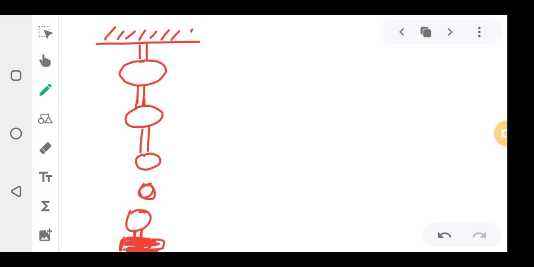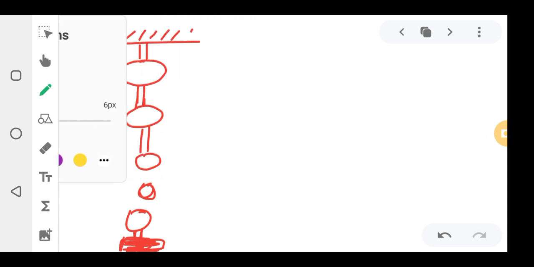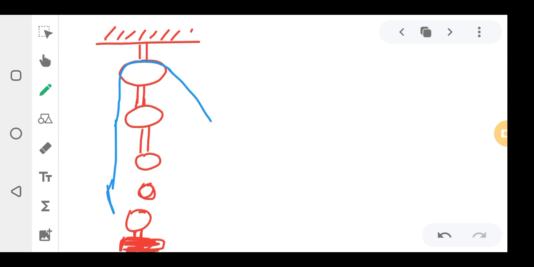And then they can bring it, it can come like this. The string comes like this, and then it joins this first pulley here, and then goes and joins that one, comes like this.